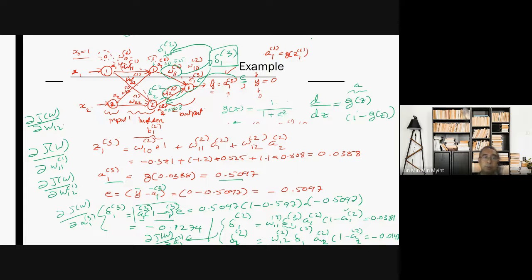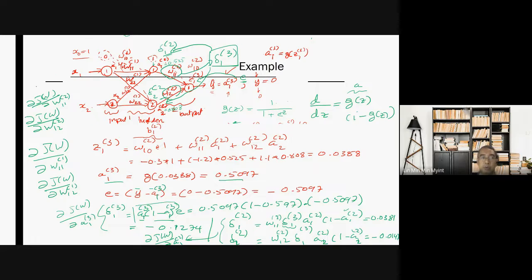Sorry, let's start from the 1. This is 1, 2, 2, and W112, like this. So if we can calculate this one, we can update the current weight.